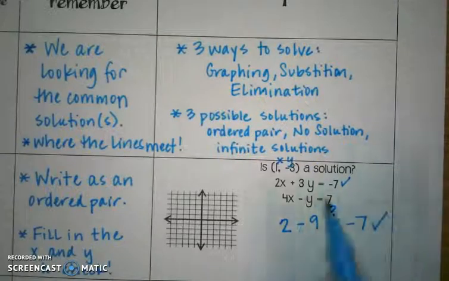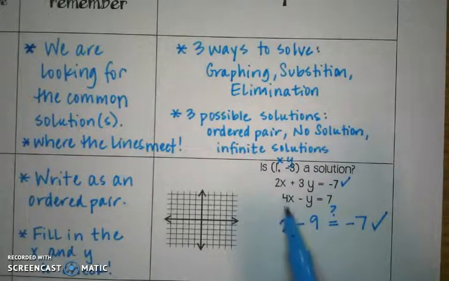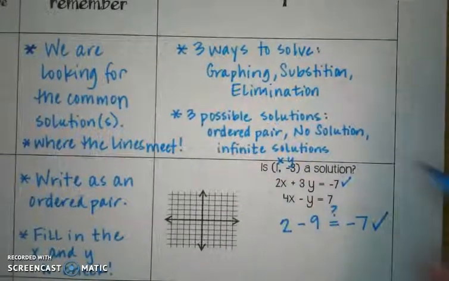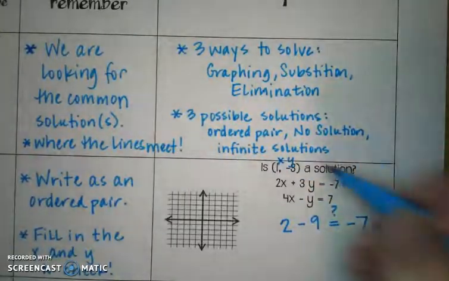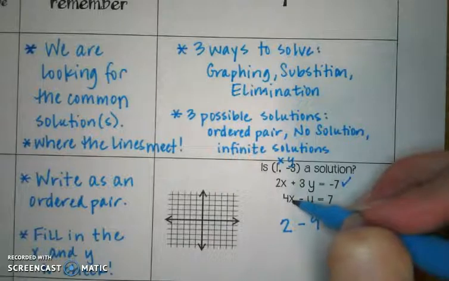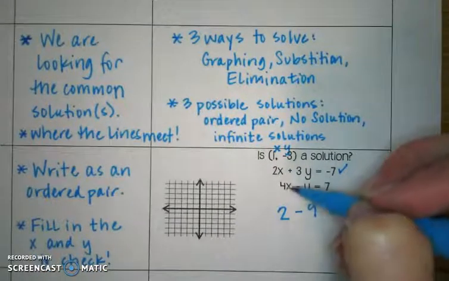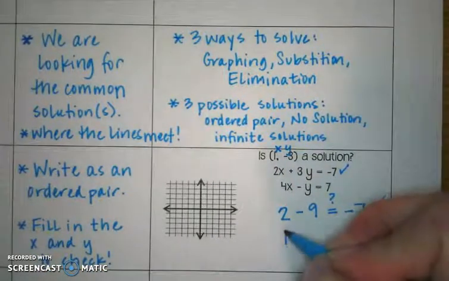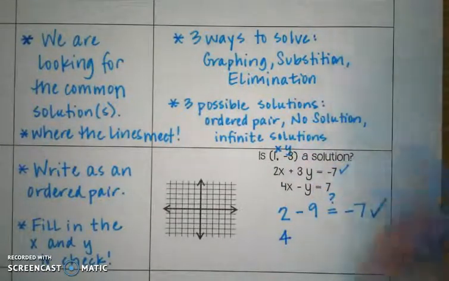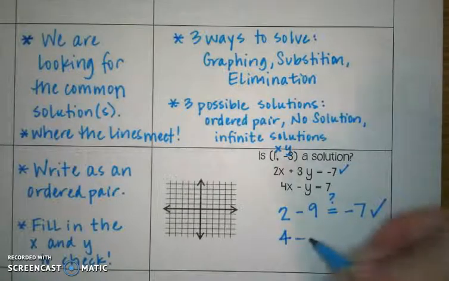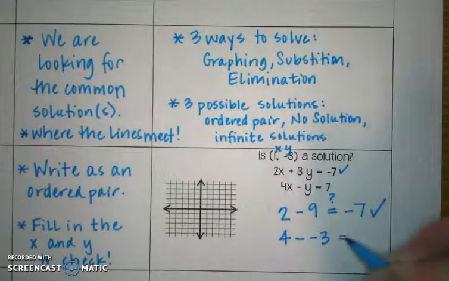So now what we need to do is check and see if this point is a solution for this line. So again, I'm going to replace the x with a 1 and the y with a -3. So when I fill this in with 1, again, it doesn't become 41, it becomes 4 times 1, so that's 4. And then if I replace this with a negative 3, then I'm going to have minus a negative 3 equals 7.